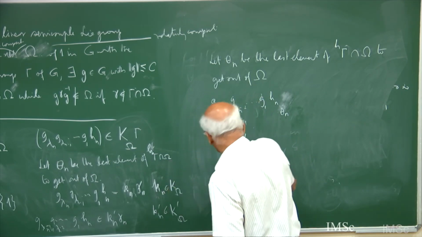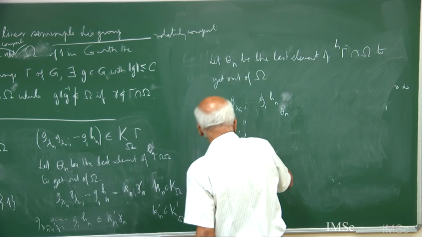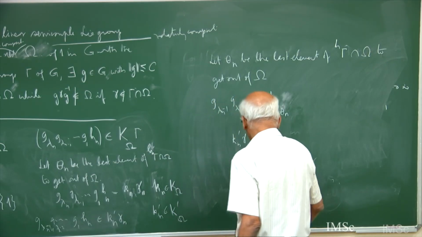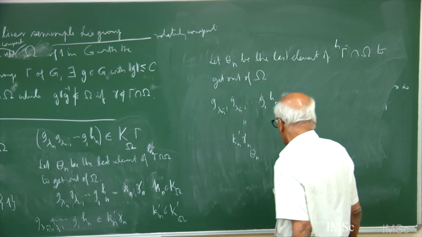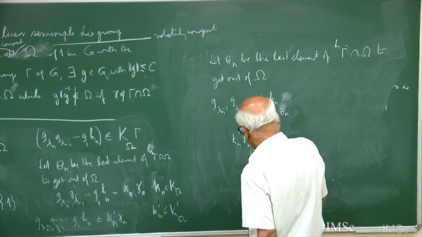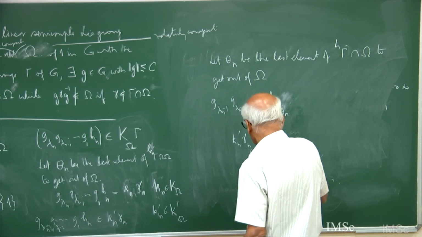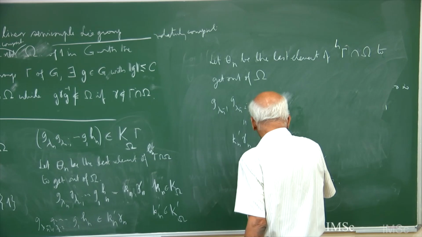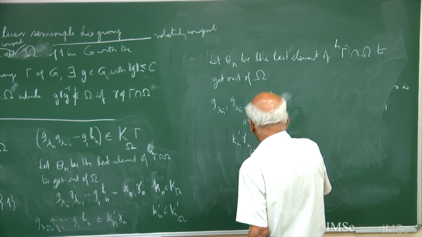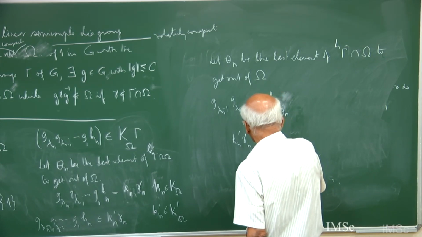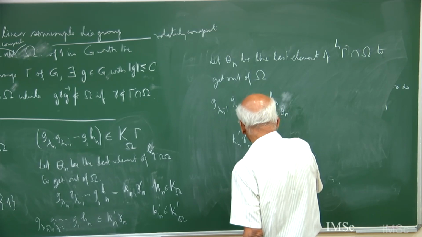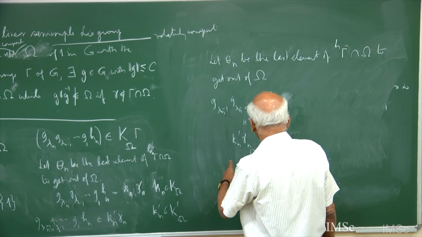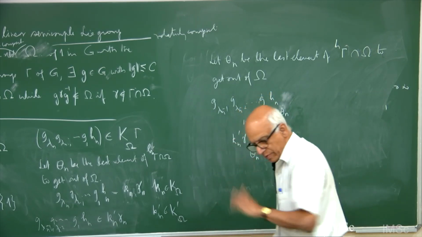I wrote it as Kn prime gamma n times theta n, okay, and this is in Kn prime gamma prime theta n. I'm really confused.